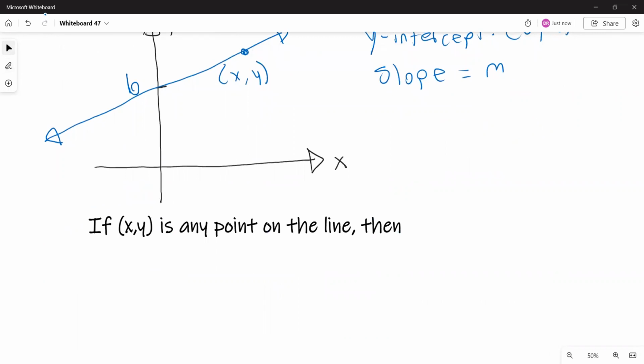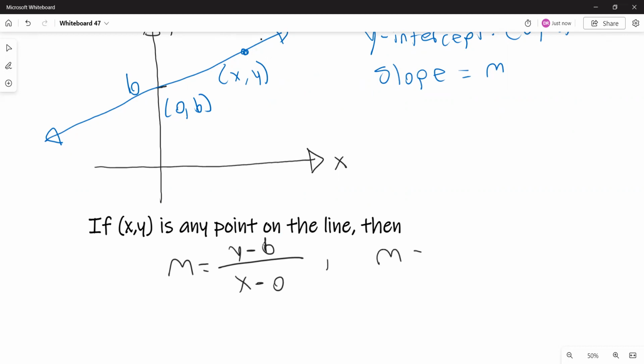okay, so the y-intercept is (0, b). And from the slope formula, you know that the slope is the change in y. So that's the change from b to y over the change in x, which is x minus 0. But x minus 0 is x.